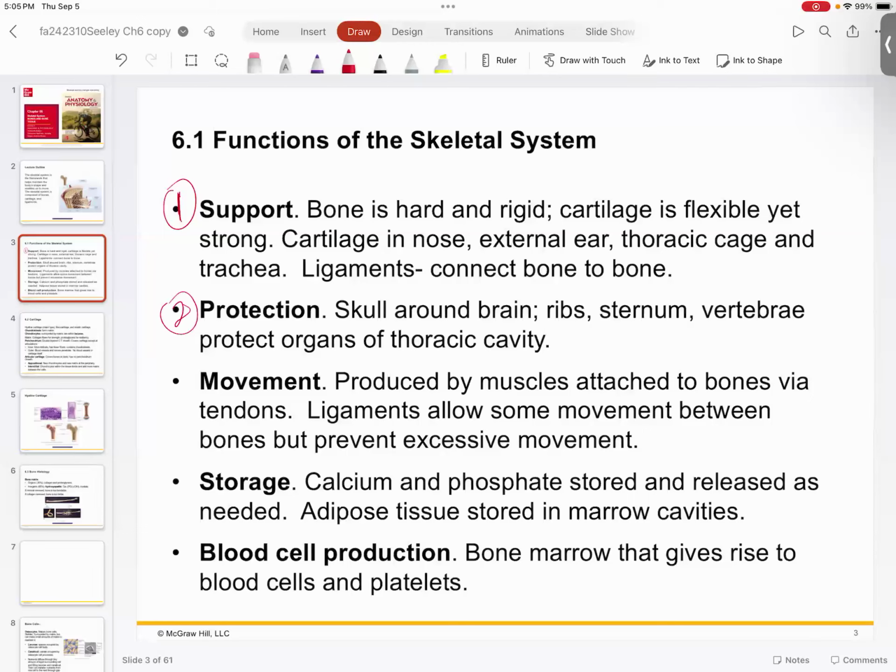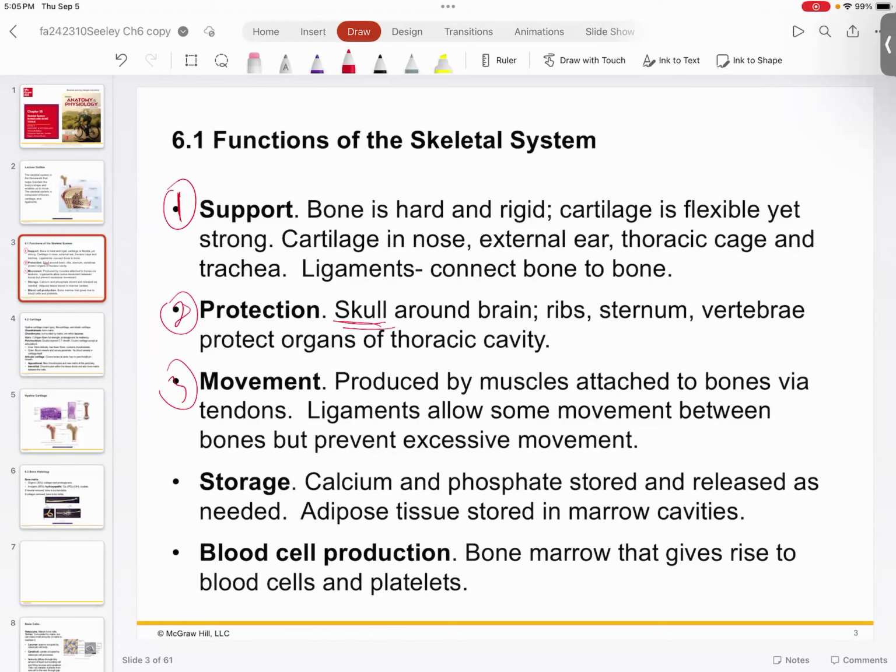It's also protective. Not so much our long bones, but certainly we identify the skull bones as protection. It's like our little football helmet protecting our brain. Our ribs and sternum are protecting our thoracic cavity. So protection is certainly a big piece of it. And oftentimes we identify it with movement, right?